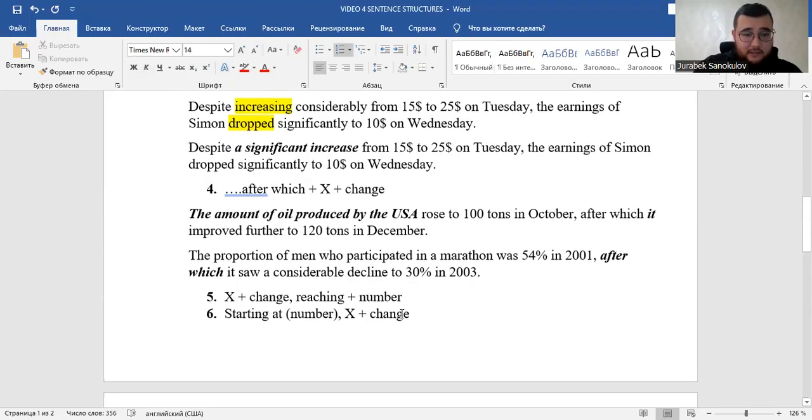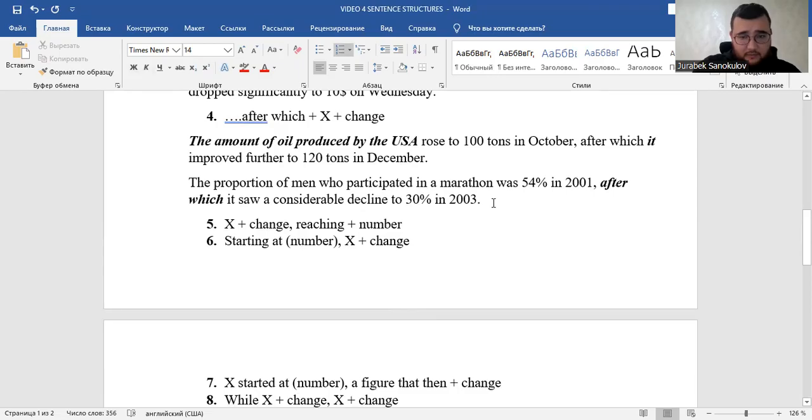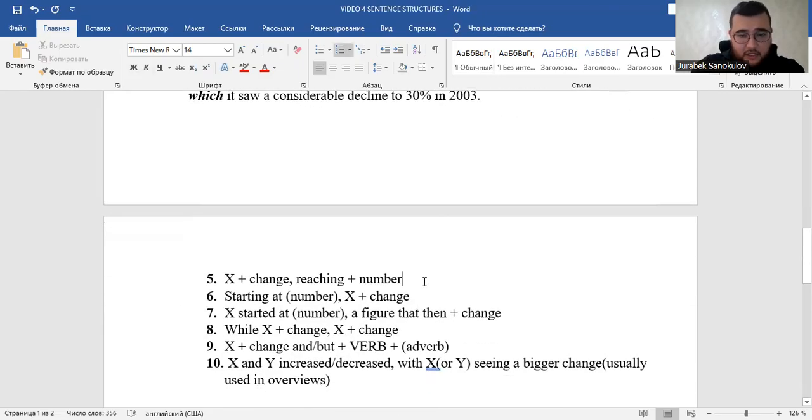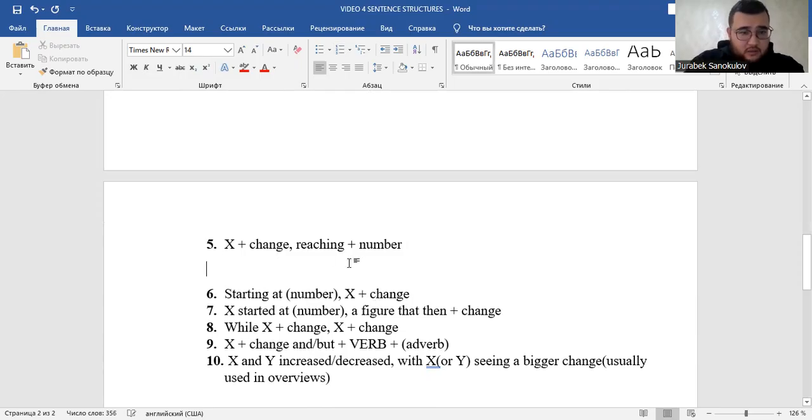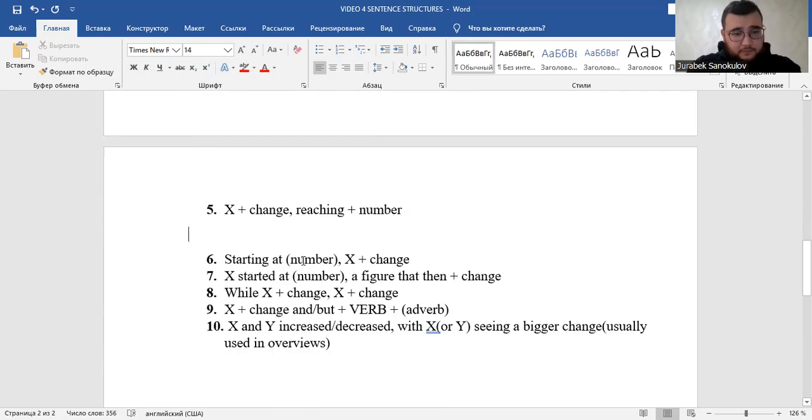Now, let's move on. Let's look at the next sentence structure here. This sentence structure is very interesting. I use it all the time. Sometimes, not sometimes, most of the time, to finish my reports or finish my paragraphs.